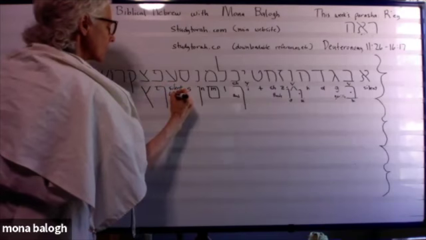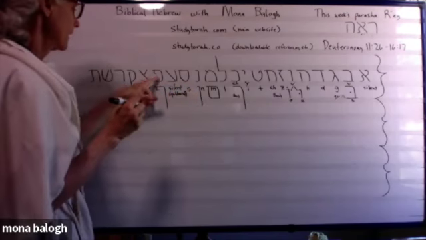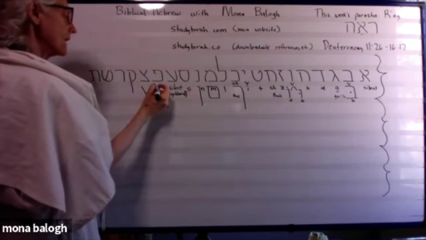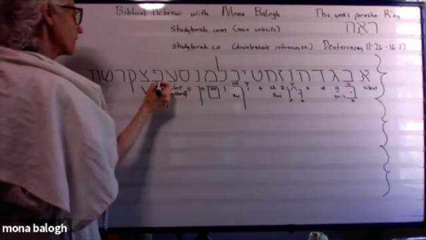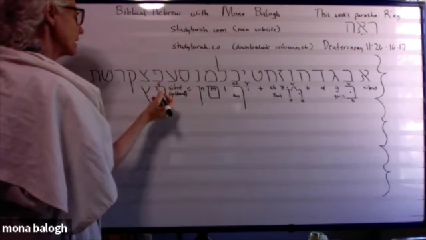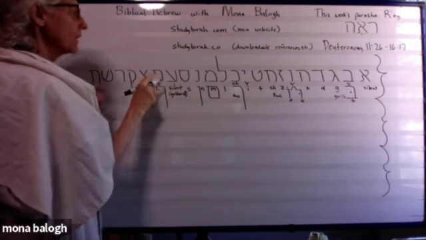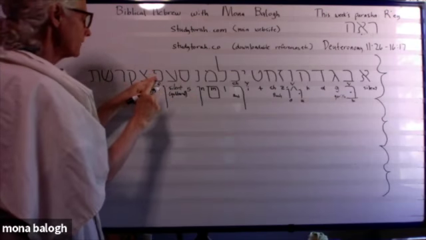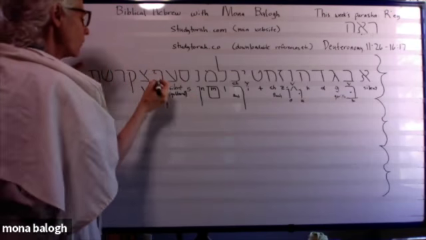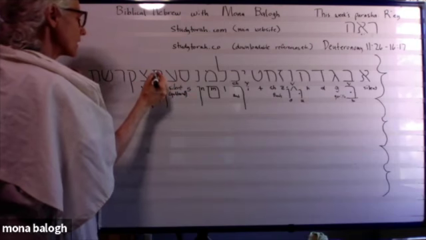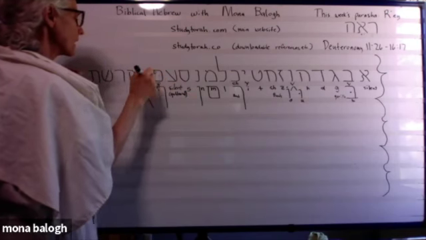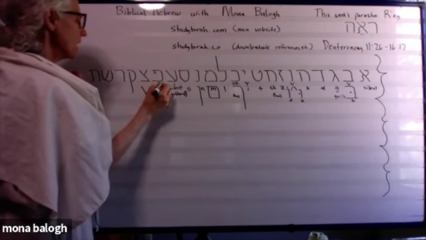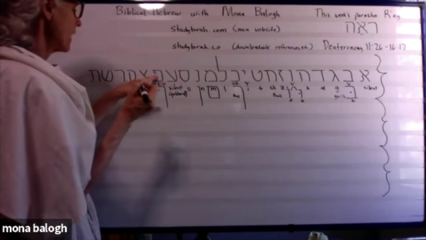Silent, but guttural. Fe is F, but just by itself, without the dagesh, it has the F sound, that's foundational. But with a dagesh, it's a P sound, P. So fe or pay.